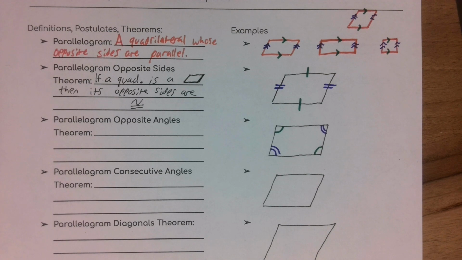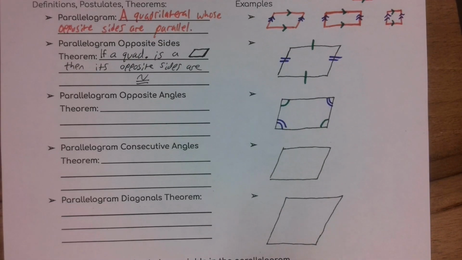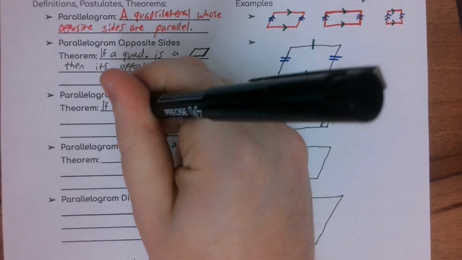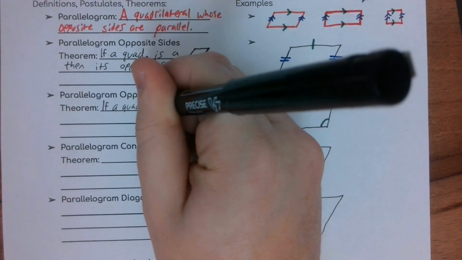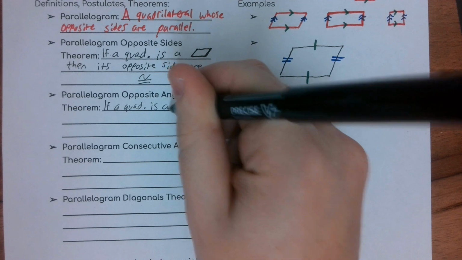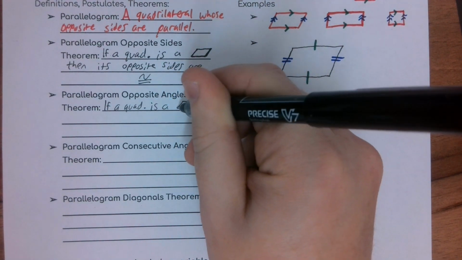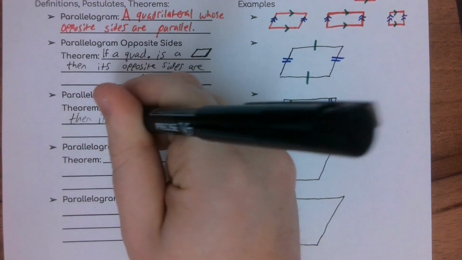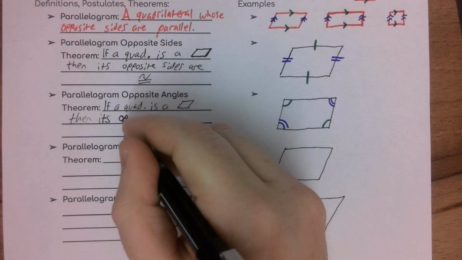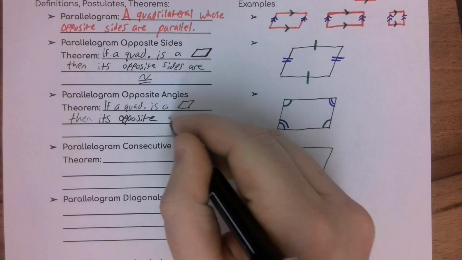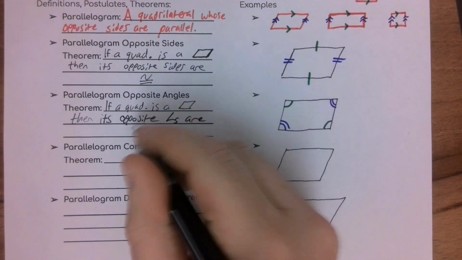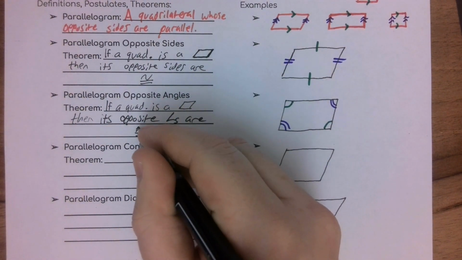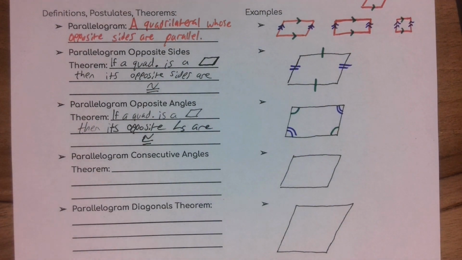It turns out that just like the sides, the opposite angles of a parallelogram are also congruent. So, if a quadrilateral is a parallelogram, then its opposite angles are also congruent. Cool.